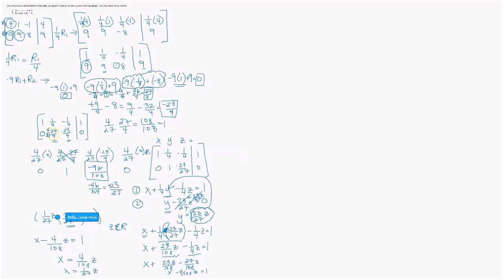That's as far as you can go in terms of getting it into row echelon form. Once you get it into this form, you rewrite your equations using these coefficients. z is going to be any real number, and you're going to start working backwards. Your answer is going to have z in it, which is fine.